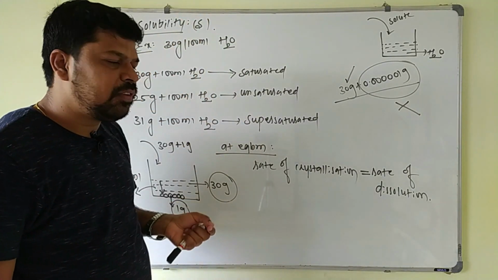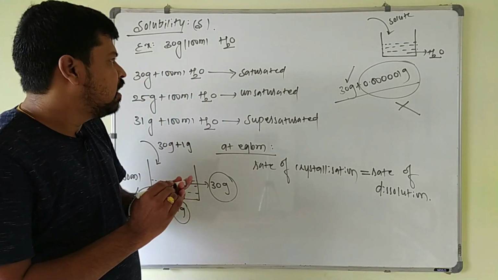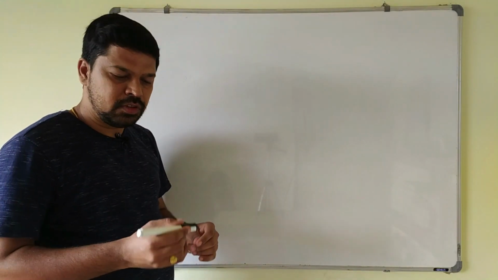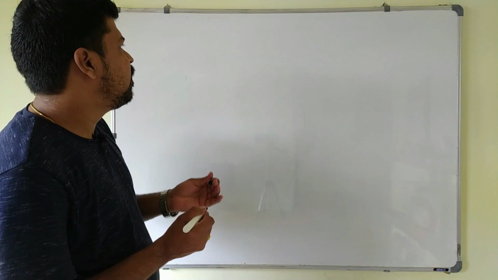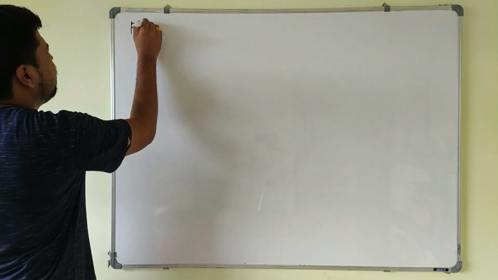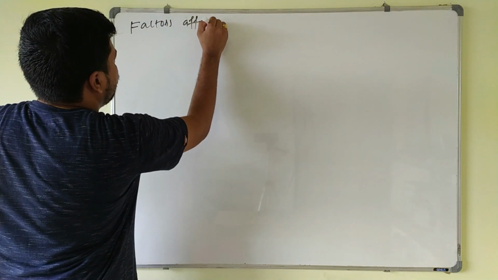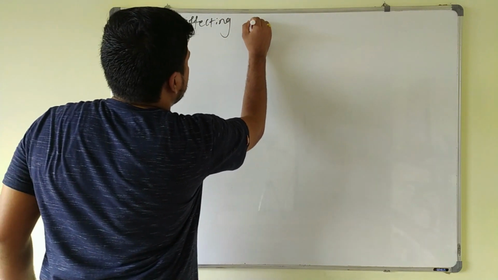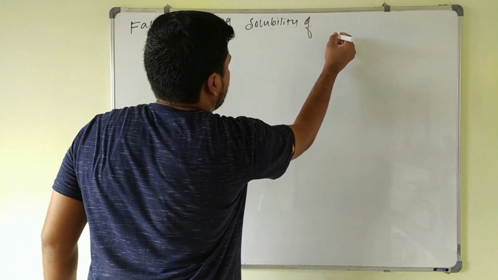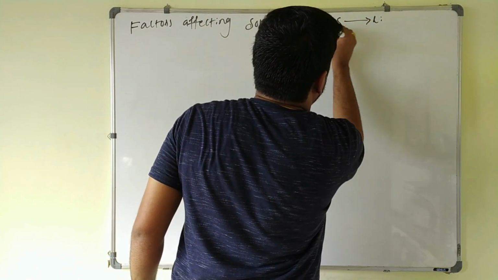Now we will see what are the factors that are affecting the solubility of the solute in the liquid. So the next point is factors affecting solubility of solid in liquid.